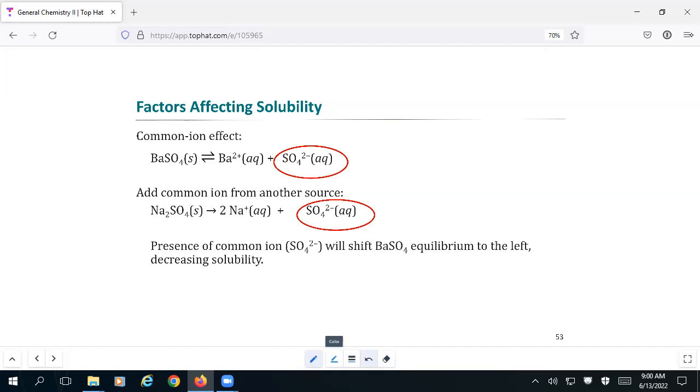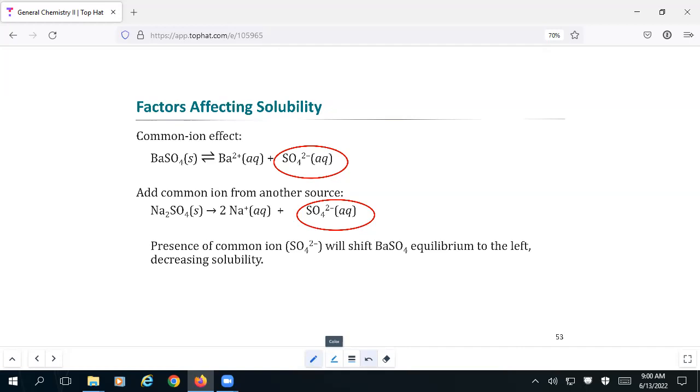So for example, if I am looking at the solubility of barium sulfate, barium sulfate being one of those classic exceptions to the sulfate rule that we talked about in all of our solubility rules in Chem 105.